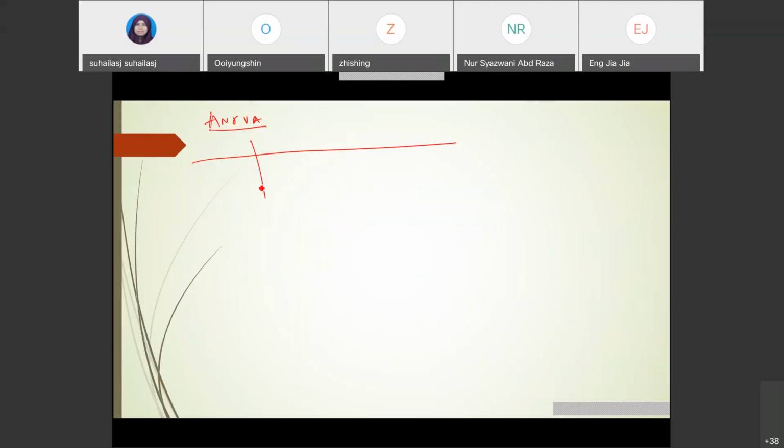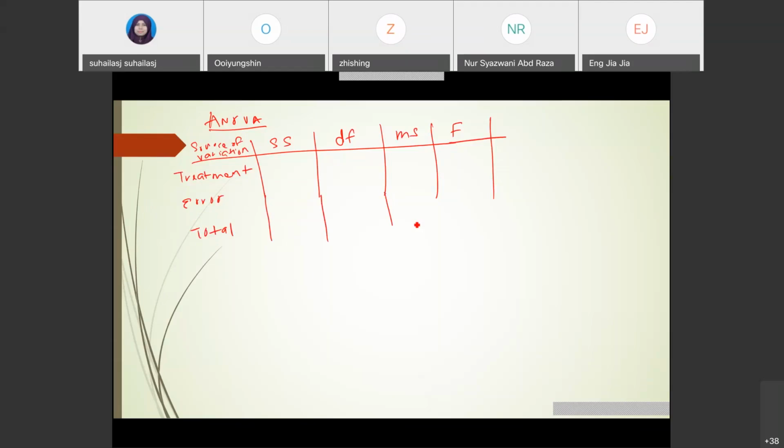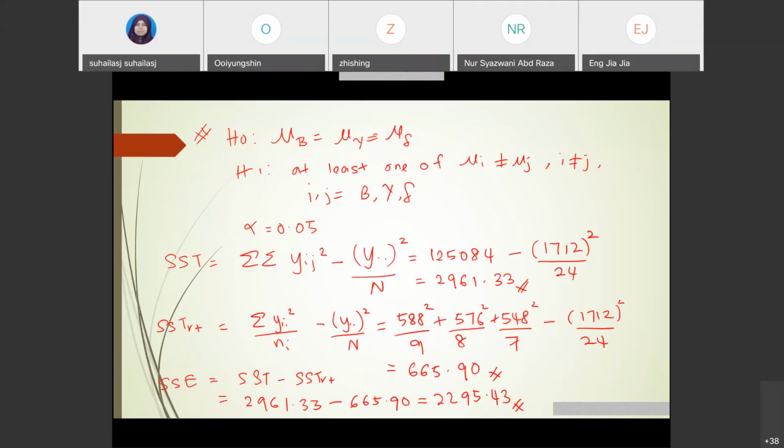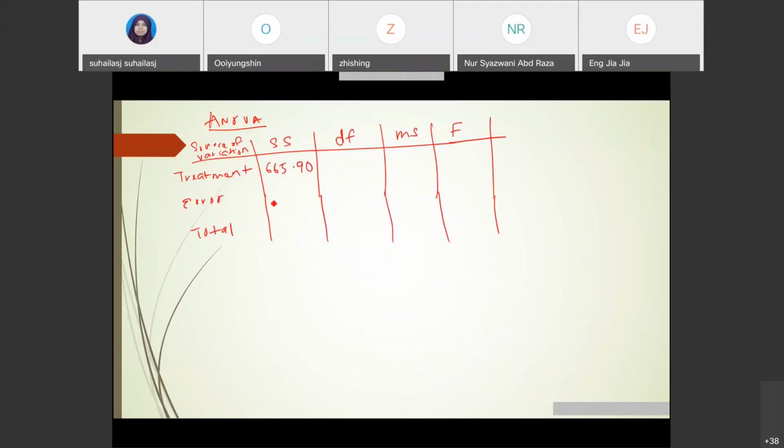You have source of variation, then sum of squares, degrees of freedom, mean square, and F. First you have treatment, and don't mix up the order: treatment, error, and then total. Sum of squares treatment is 665.9, sum of squares error is 2295.43, and then sum of squares total.